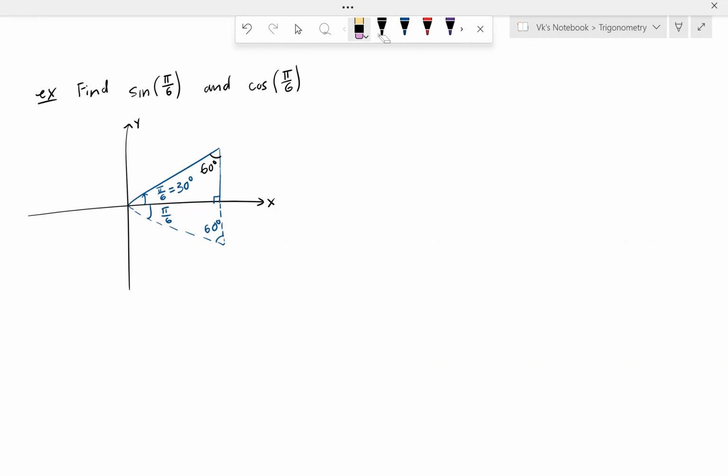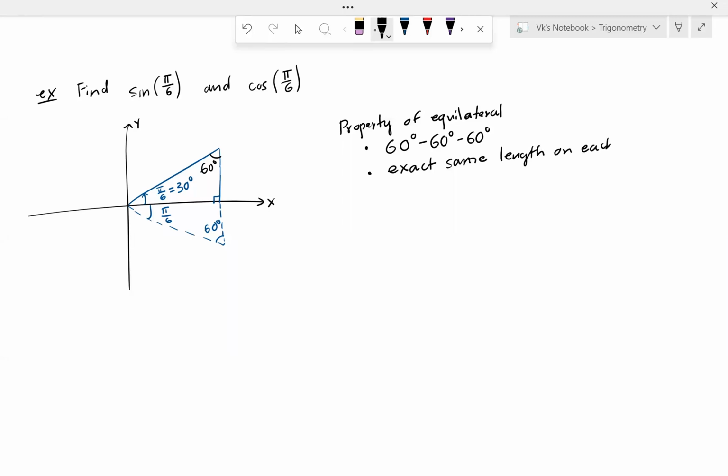This is an equilateral triangle, and it has a cool property: 60 degrees, 60 degrees, 60 degrees, so the same length on each side.